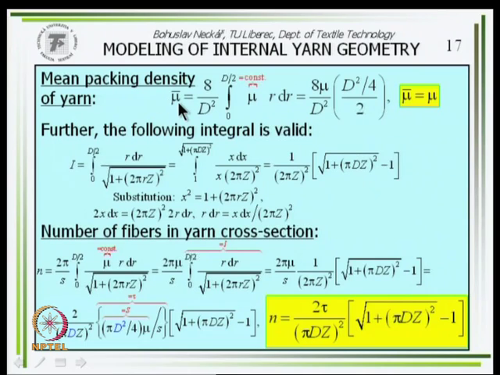For the mean packing density, we derive this equation; mu is constant, so before the integral for r dr, it's trivial, so we obtain the final position mu bar equal mu. Now, evidently, if mu is constant, then each local mu must be the mu for the whole yarn.